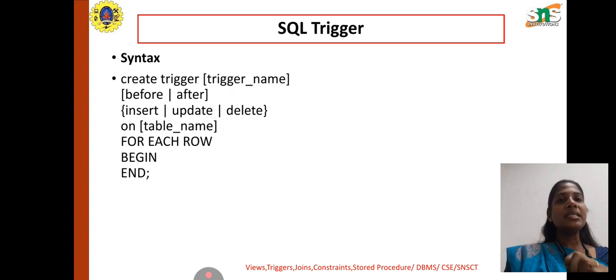This is the syntax for creating an SQL trigger. The trigger name is a user defined name. Then create trigger name, before or after insert, update, delete operation, so that it will be reflected in the database, then the table name, for each row, and we begin and end with a semicolon.